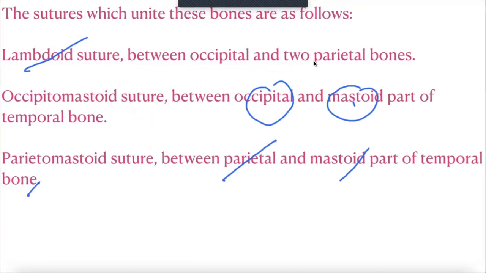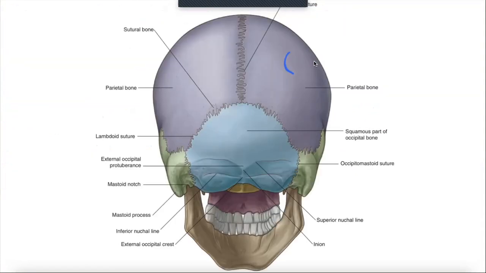See, so these are the parietal bones, and this is the occipital bone, this is the temporal bone. So the suture between the parietal bones and the temporal bone is called the parieto-mastoid suture, right?